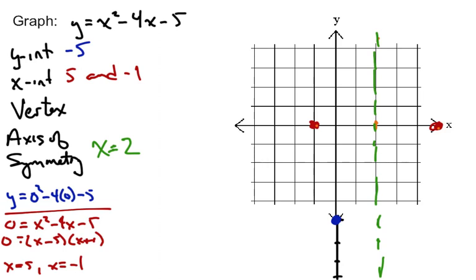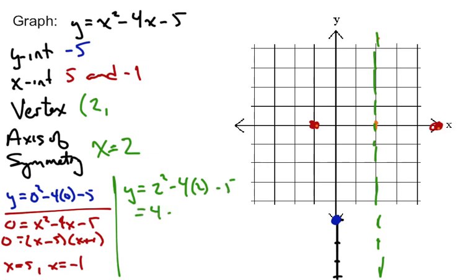We also know that has to be the x-coordinate of our vertex. So when we want to find out what the vertex is, we can just plug in 2 for x. 2 squared minus 4 times 2 minus 5 gives us 4 minus 8 minus 5, which is -9. So that'll be way down at the bottom.